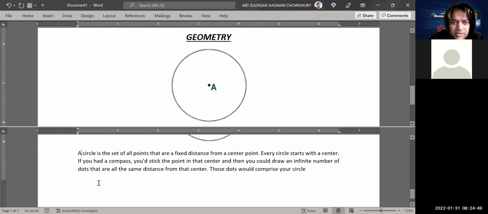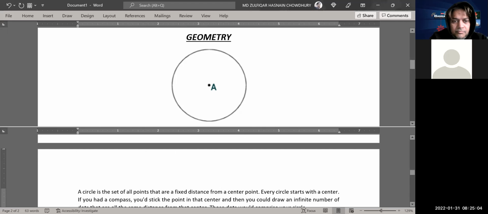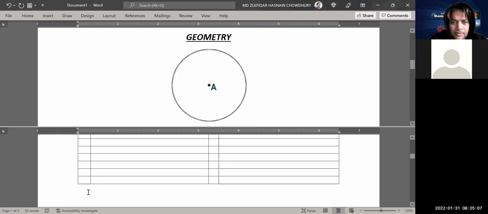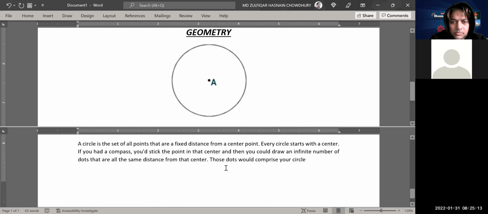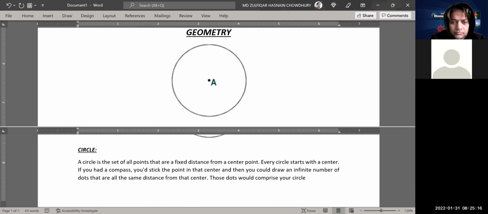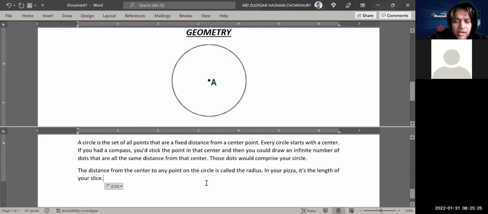Okay. Can you see my screen? Yes. So I said all the dots of the circumference are equally distant from the center.